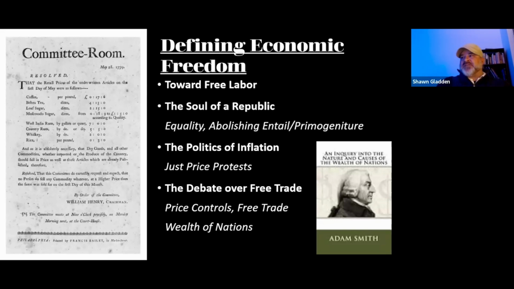Free market capitalism, as described by Adam Smith: if you have a product, you should be able to sell that product on the free market to whoever you want at whatever price the market will allow it to bear.